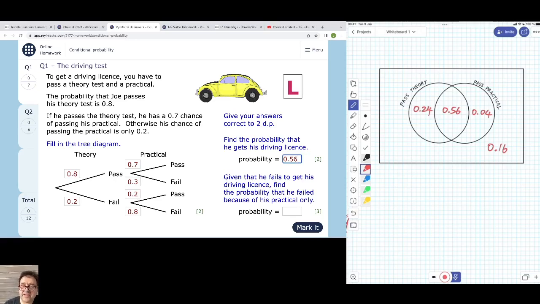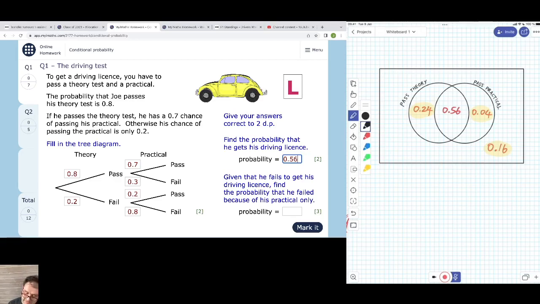So the question is, given that he fails to get his driving license, well, that information that you're given is important because it tells you that he's not in that bit where they pass both. So he is amongst the 0.24, 0.04 and 0.16. So he's either failed because he's passed one or the other, but failed the other one, or he's failed because he's failed both.